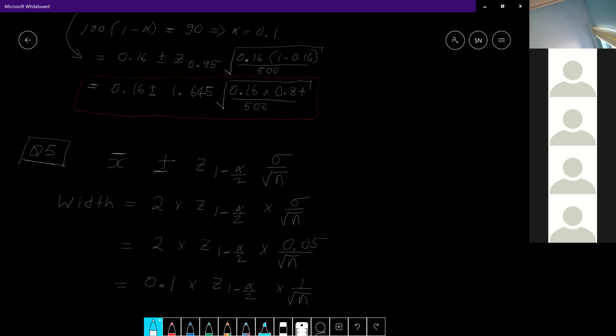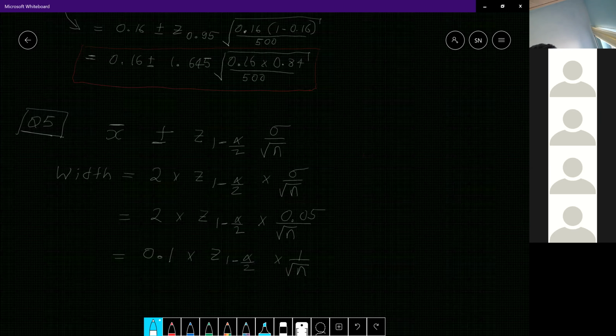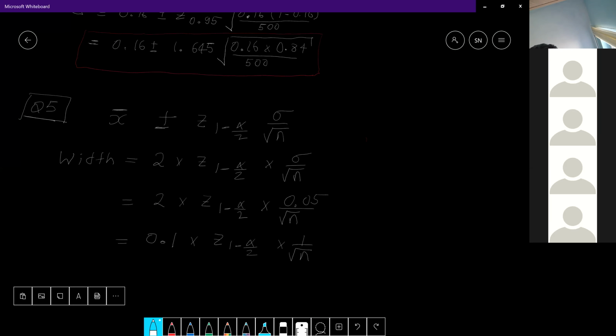Now we want the width not to exceed 0.02, so we want this width to be less than or equal to 0.02.